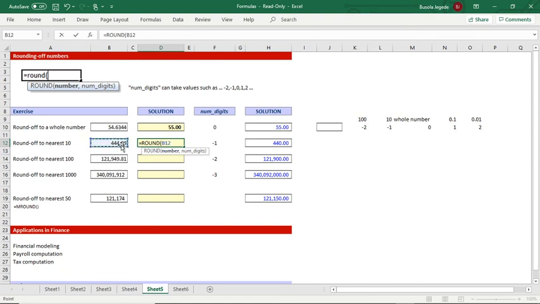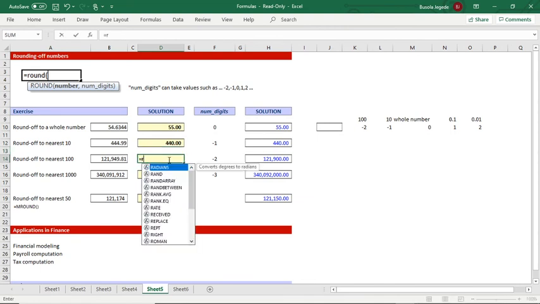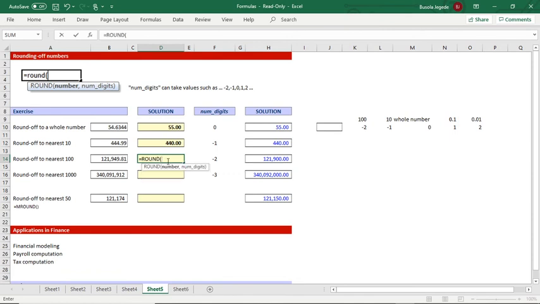So to round off to the nearest 10 now, enter round. We enter the number we want to round off. We want to round it off to the nearest 10. Nearest 10 is -1. So we enter -1. We want to round off to the nearest 100 right here. So enter round, enter the number.